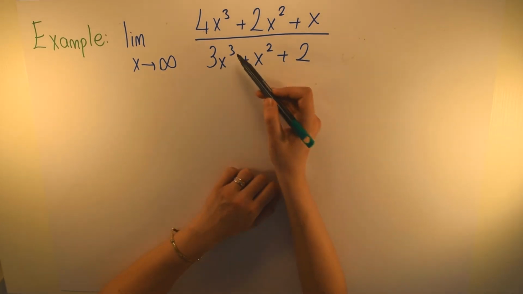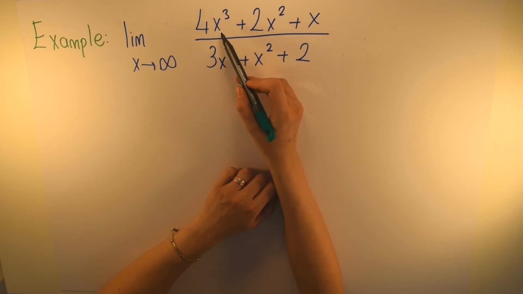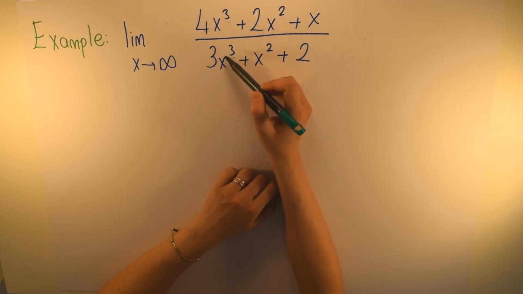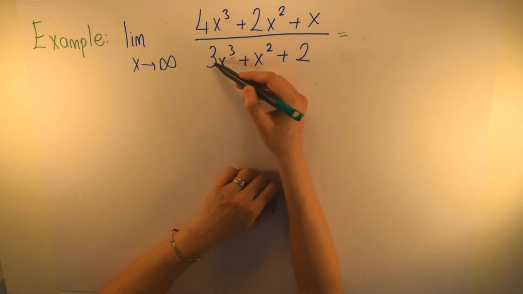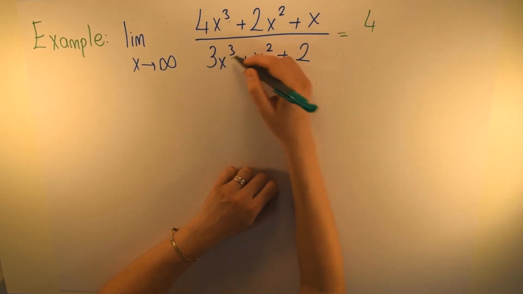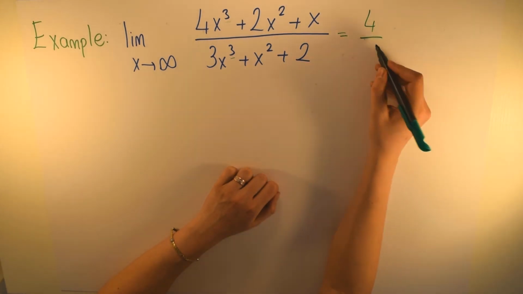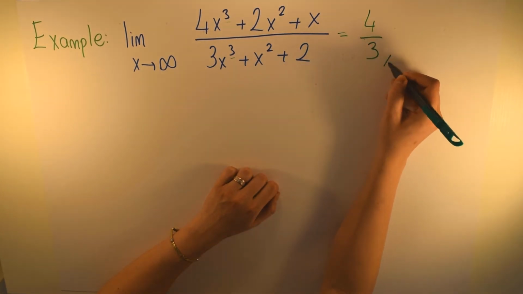As you can see, we have x cubed in the numerator and also in the denominator, and they are equal to each other, the highest degrees. So I can say that this limit is equal to 4 over 3. You just take the ratio of their coefficients, 4 over 3.